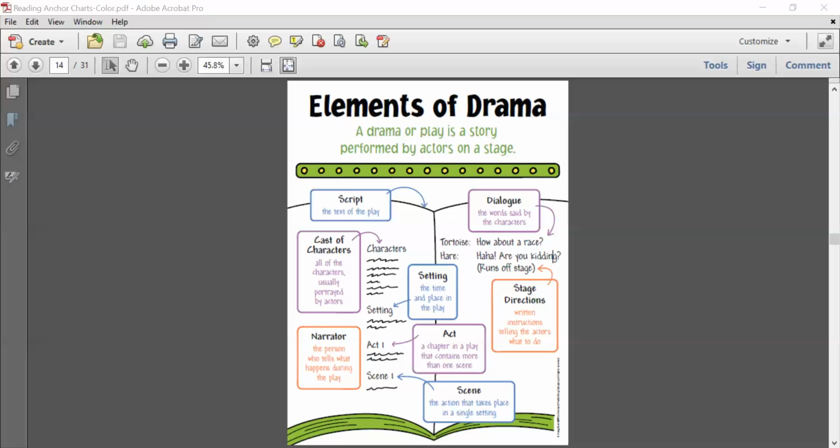And then the last question says, how does the singing move the plot along? Usually, and especially in Disney movies or in plays and musicals, the songs that are included will tell you a little bit of the story. So you need to be paying attention to the words that are being said.